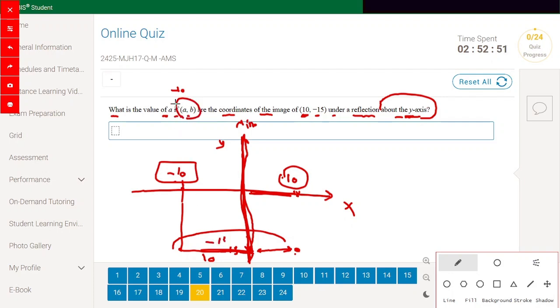So now A will be -10 and B will be -15. Here it wants A, so the answer will be -10. Okay?